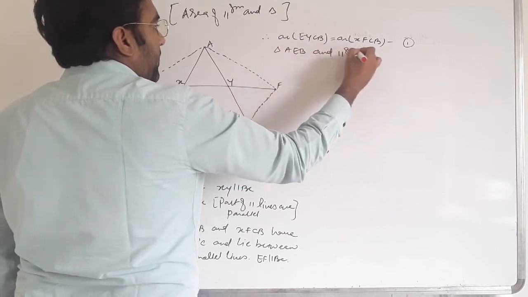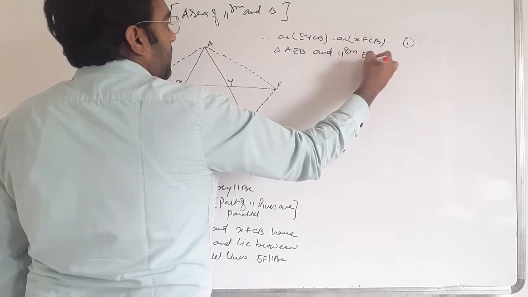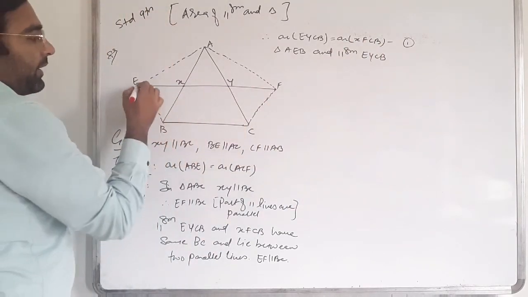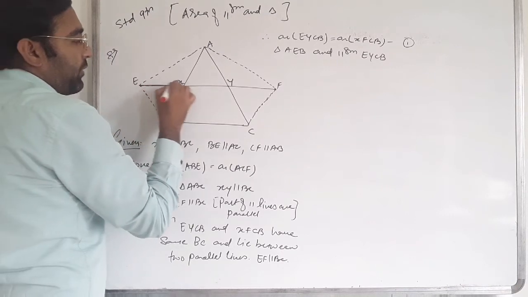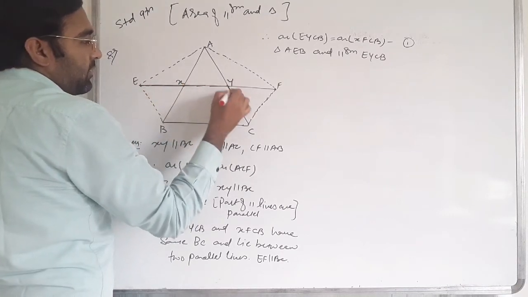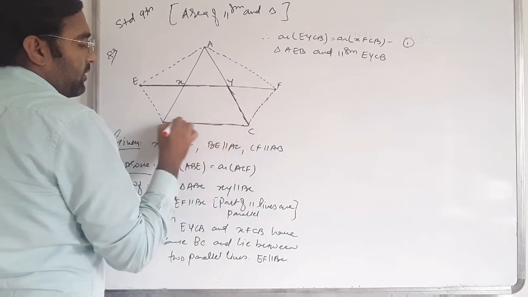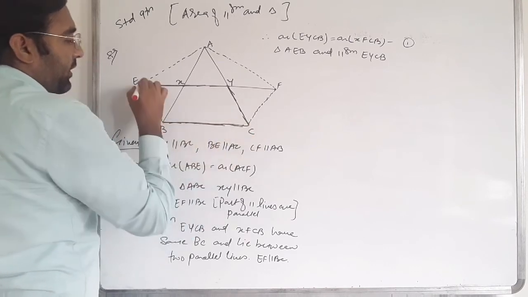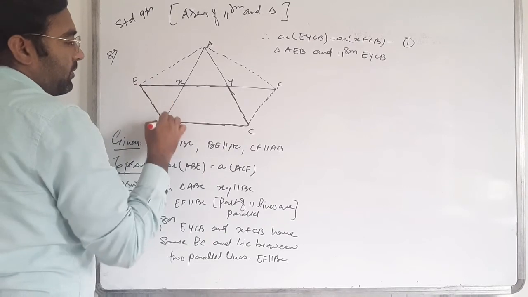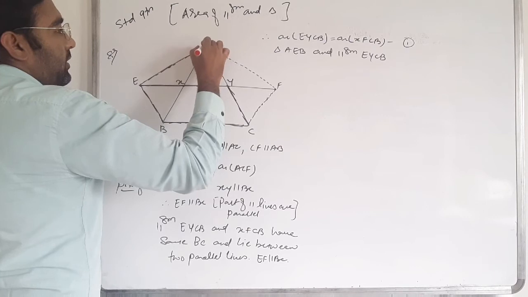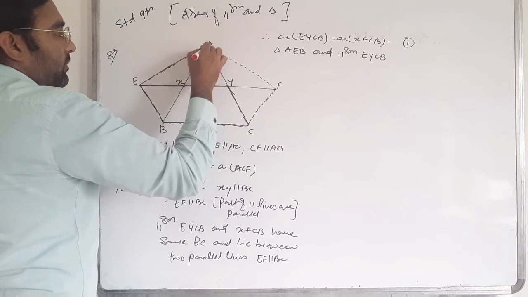Now triangle AEB and parallelogram EYCB. Here my parallelogram, that is EYCB, and triangle AEB.